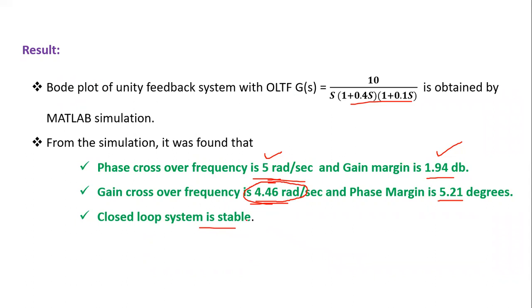In case the gain crossover frequency is more than the phase crossover frequency, then the system is unstable. In our case, the phase crossover frequency is more than the gain crossover frequency, so we say the system is stable. Thank you.